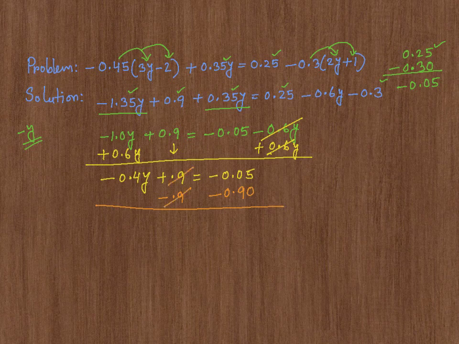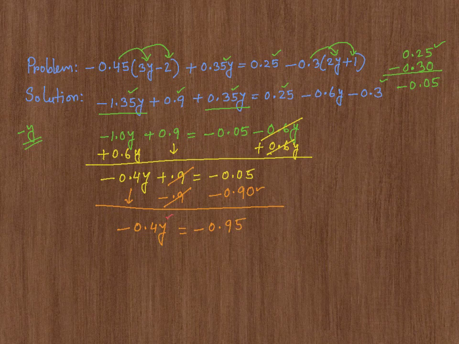That's going to leave me with just negative 0.4y. And on the right hand side, from negative 0.05 I subtract 0.90. That's going to give me negative 0.95.